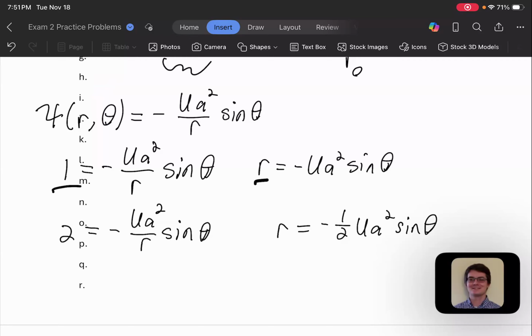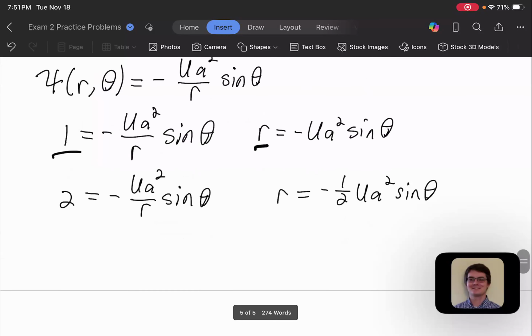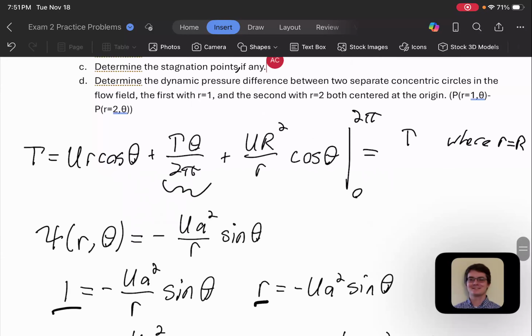It's funny because on my computer, the letters are not showing up. Oh, there they go. Okay. Now we have another page. So we're now on part D.